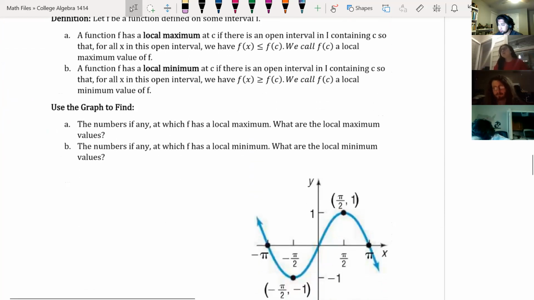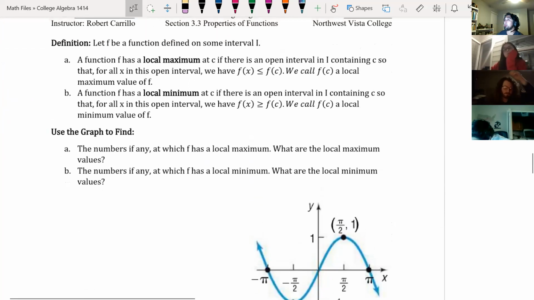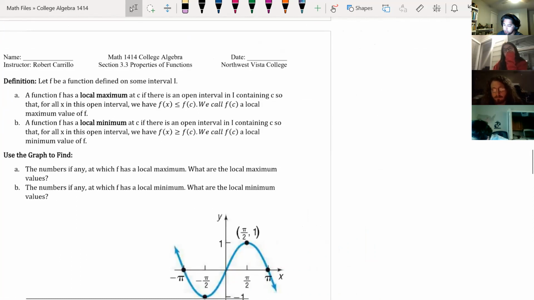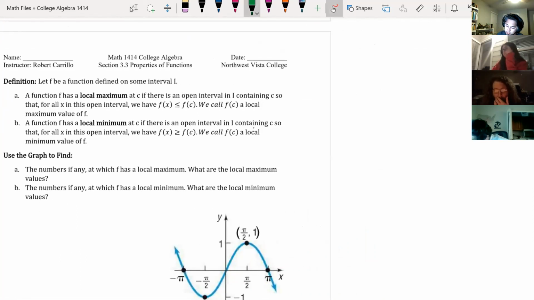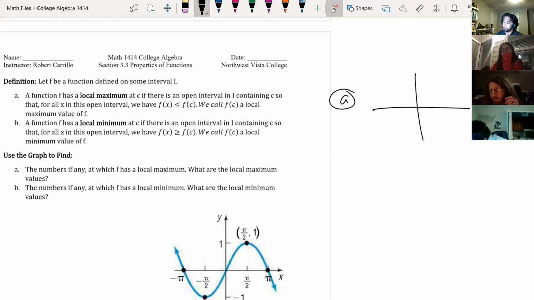All right. So next, this is about local maximums and local minimums. Basically, a local maximum is a high point on a function. So I guess, like I said, I can do diagrams for everything. So for A, if you had a local maximum, let's say we had some function like that, A, like the one below.